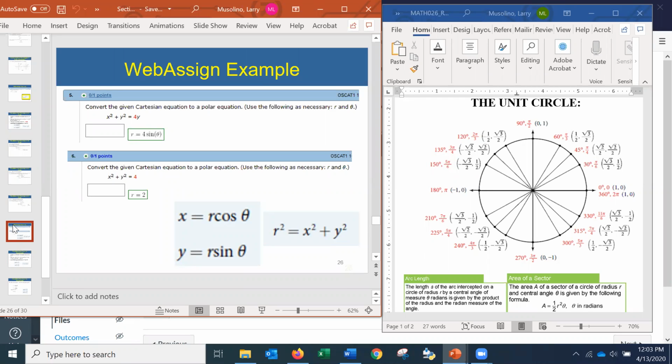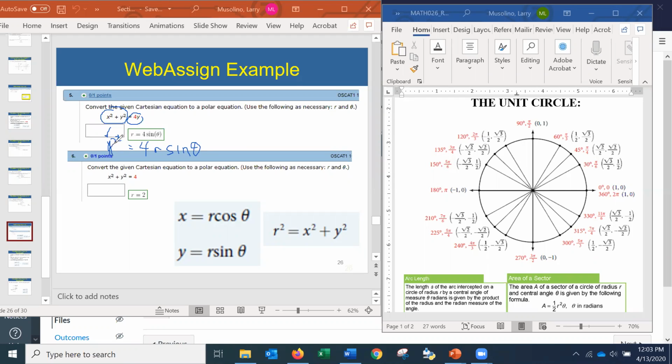All right, folks, let's do these examples quickly. This is actually similar to what we just did, but let's do it anyway. On this first example, I'm noticing this is r squared on the left side. And on the right side, it's 4y. But remember, y is r sine theta. So I'm going to replace the y with r sine theta.